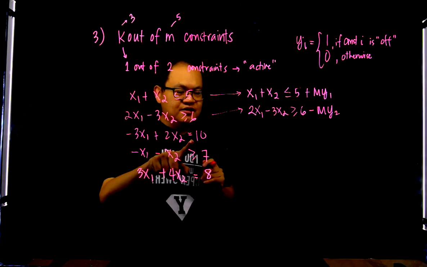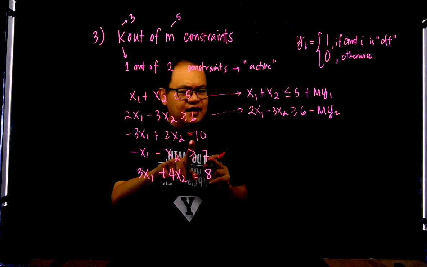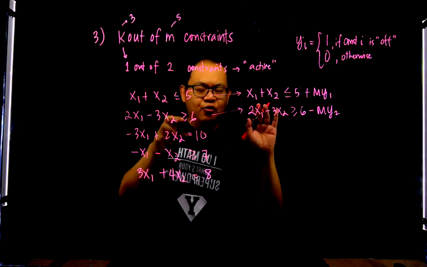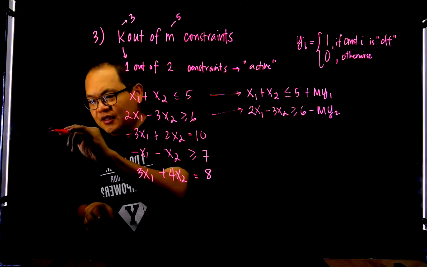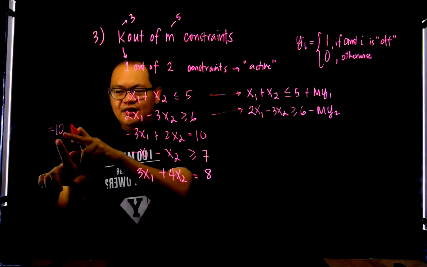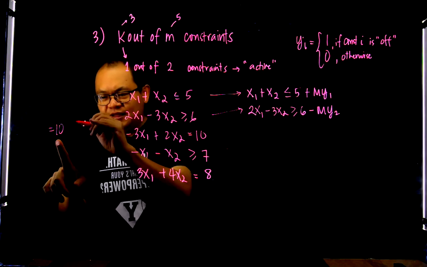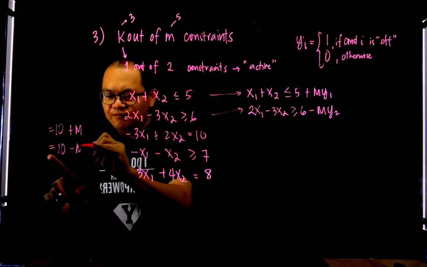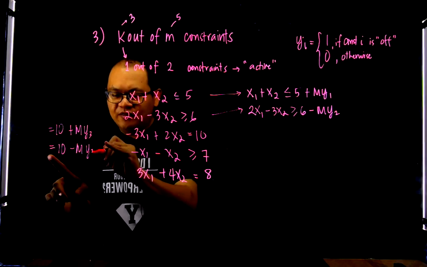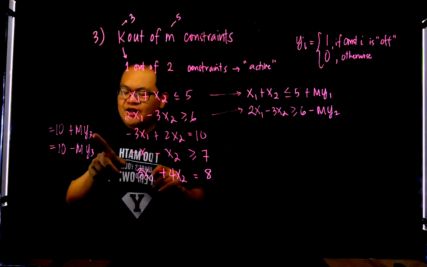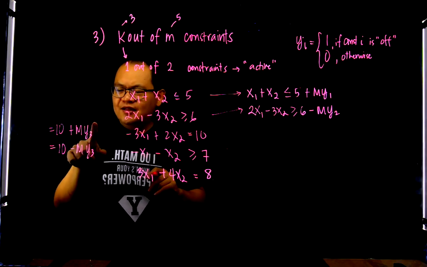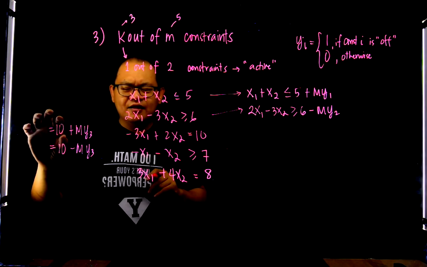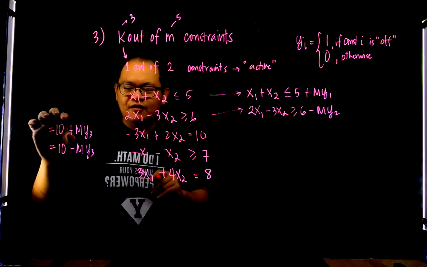Now, we weren't able to discuss equality constraints, and in this case, I don't think simply adding or subtracting an M will turn on or turn off your constraint. Why? If you look at your equality constraint and your right-hand side is a constant, whether you add an M or subtract an M, and let's say you multiply this with y3, then if y3 is 1, you're adding M to 10, and because your constraint is an equality, you're just technically creating altogether a different right-hand side.